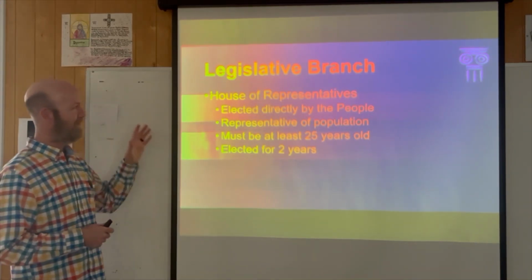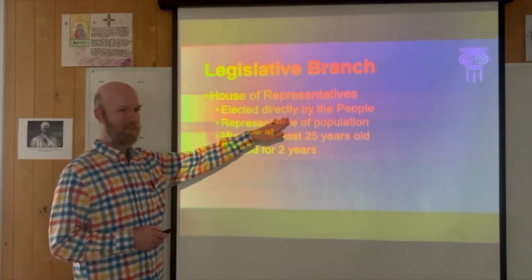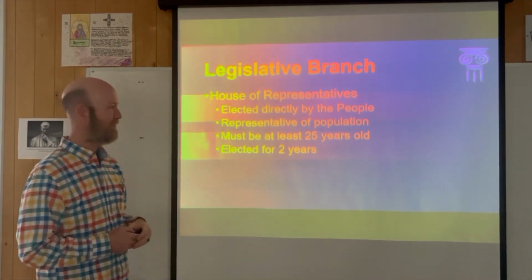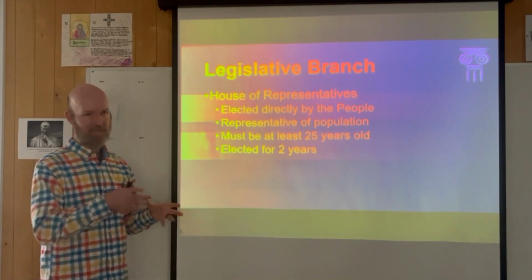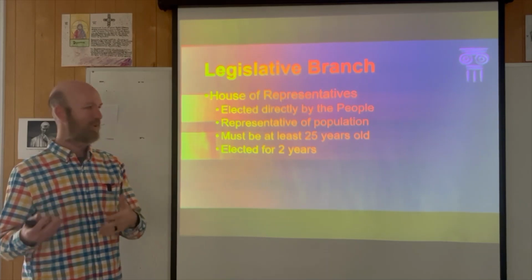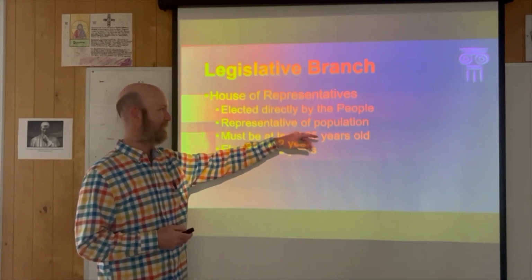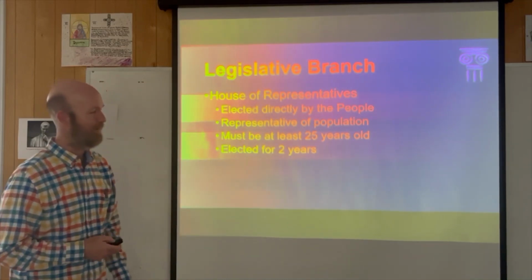Okay, so the members of the House of Representatives are elected directly by the people. Populations of the state, populations of a local district would vote for their representative. This again was representative of the population. The House of Representatives is based on population.